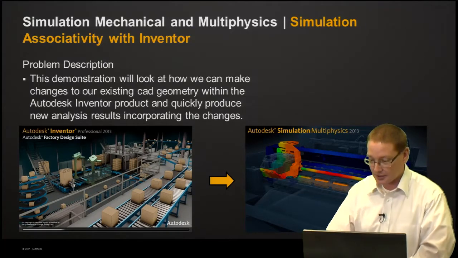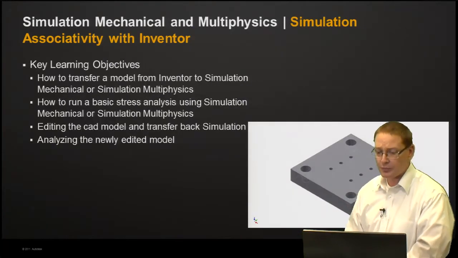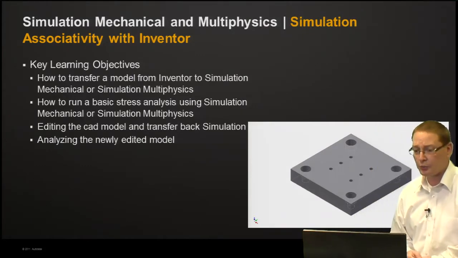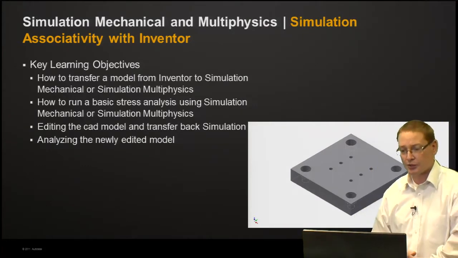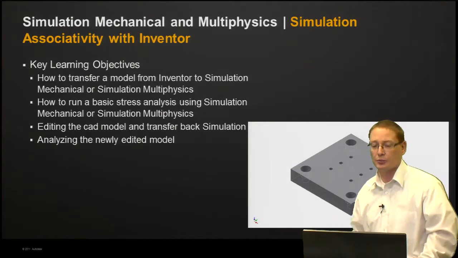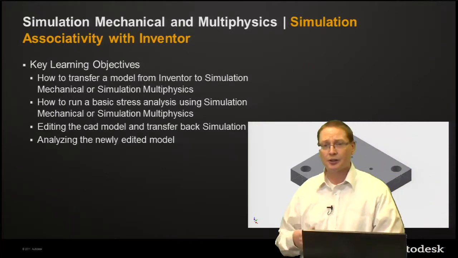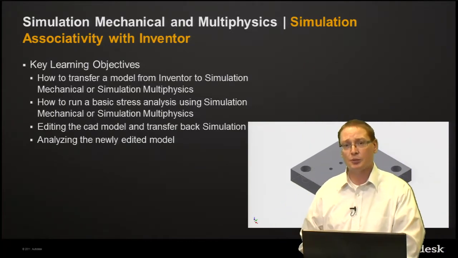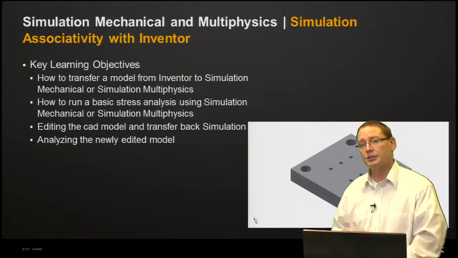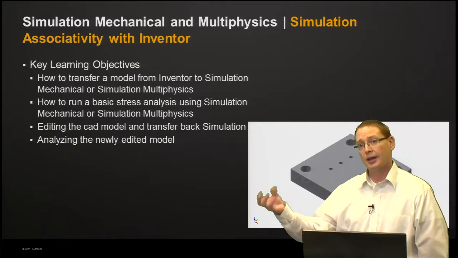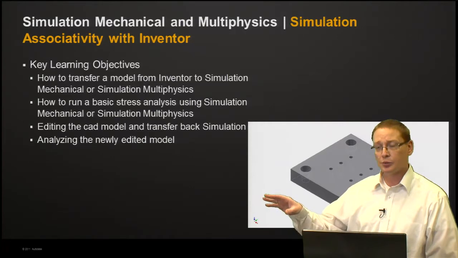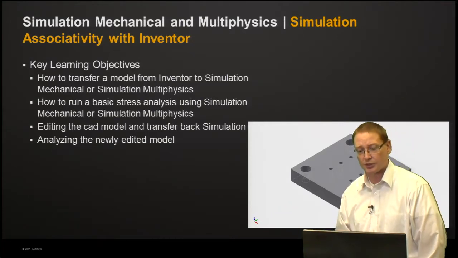Some of the key objectives that we're going to cover: how to transfer a model from Inventor to simulation mechanical or simulation multi-physics. Not necessarily a primary focus of this particular demonstration, but since we are looking at the CAD part within Inventor, might as well show you how to get it from Inventor into the simulation.